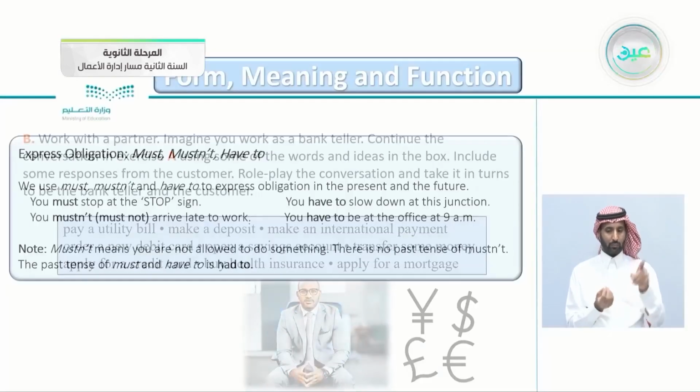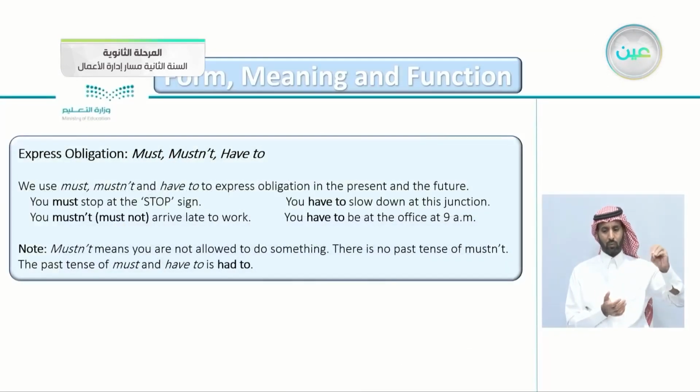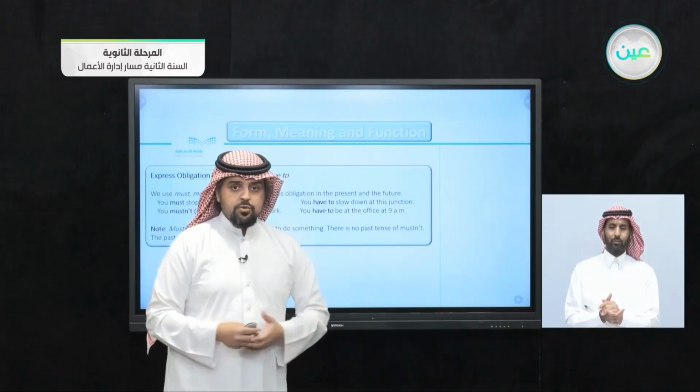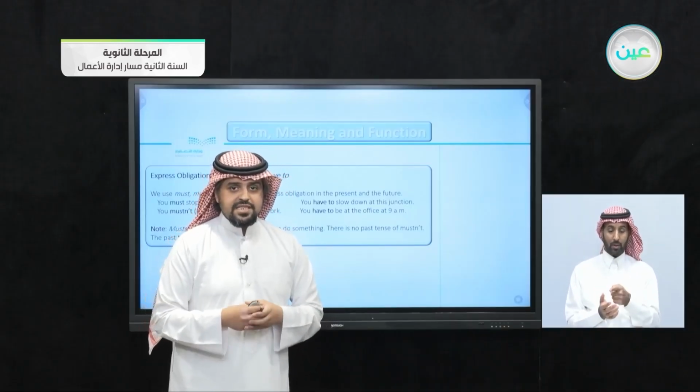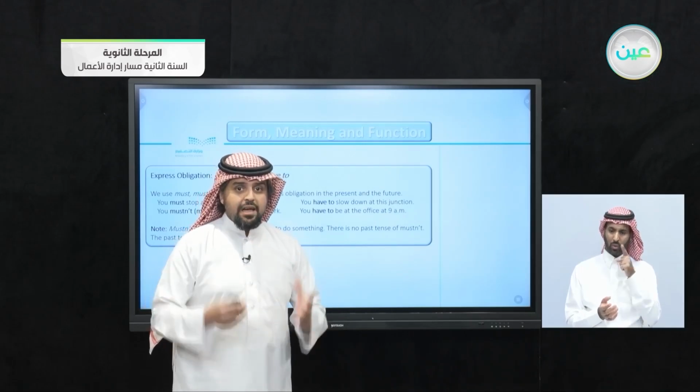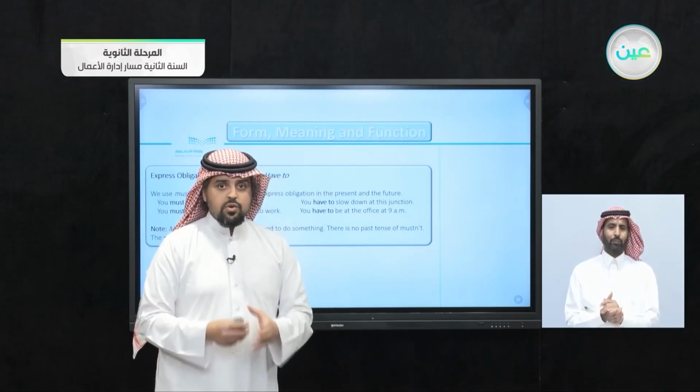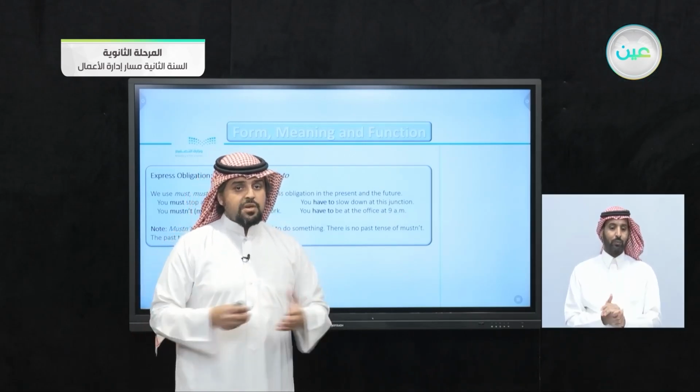So you have to role play this exercise with your friend using the question tags would or could. So continuing with the lesson here, expressing obligation. Obligation, must, mustn't, and have to. What's the meaning of the word obligation? Obligation means something that you have to do, or something you must do.